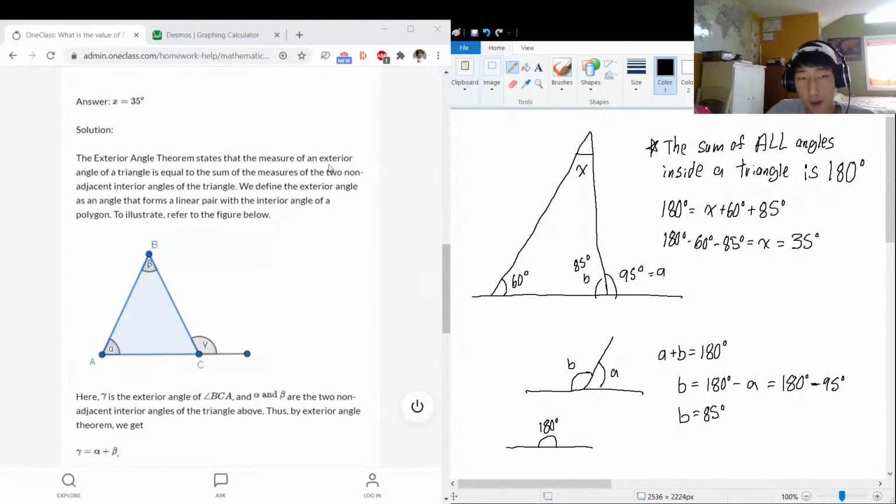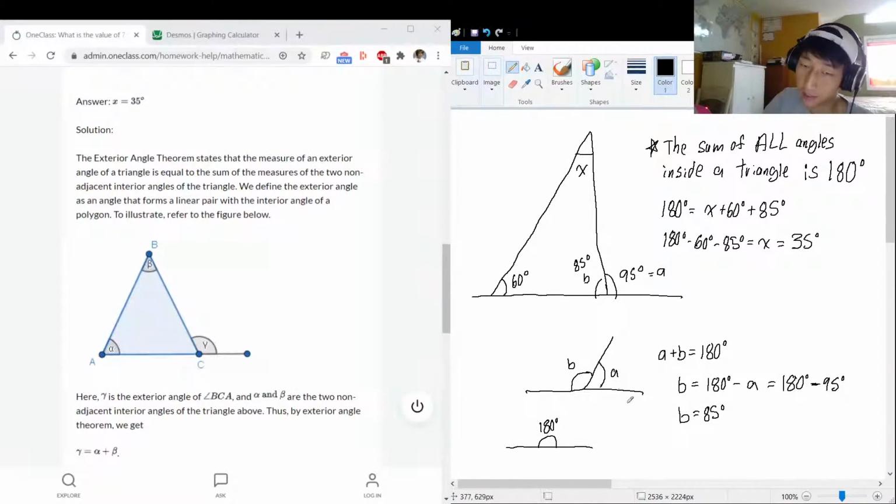They have a more formal definition with the theorems, but knowing the theorems by name is less important than knowing how to use the theorem. So the sum of all angles inside a triangle is 180.